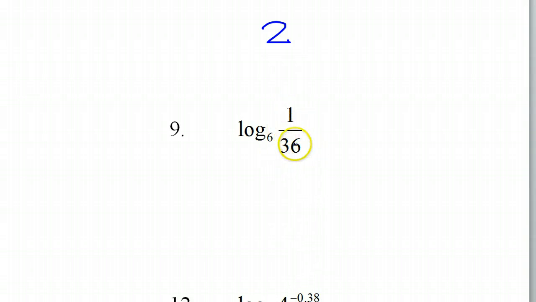Okay, now here's one that's slightly different. I've got this fraction going on. Now here's what I recommend as a shortcut. If I were you, when you see a fraction like 1 over something, I would temporarily scribble out the 1 part and solve the problem as though this is what it were.